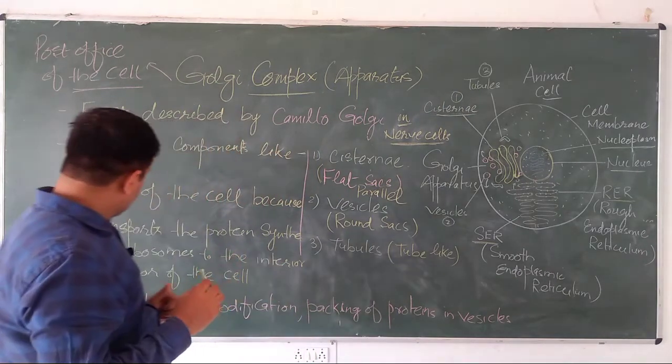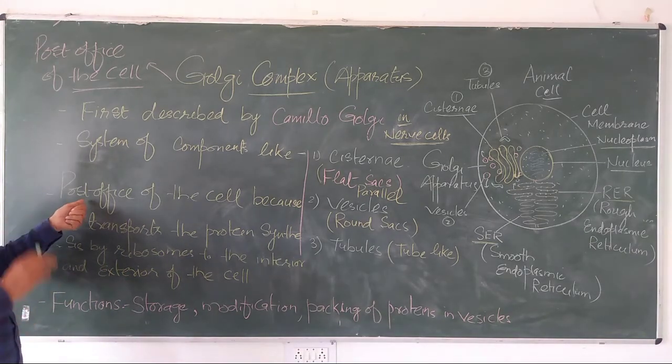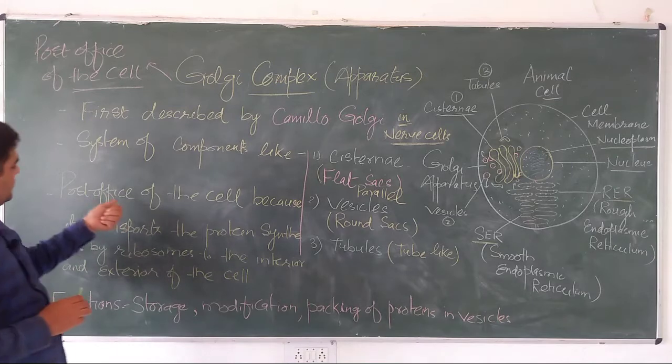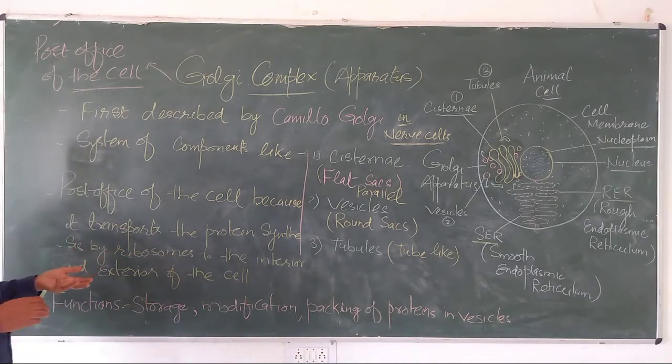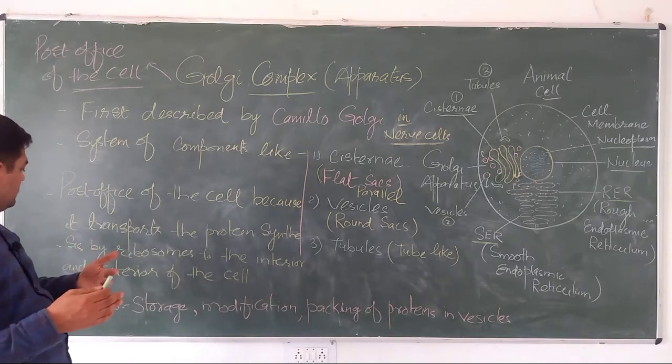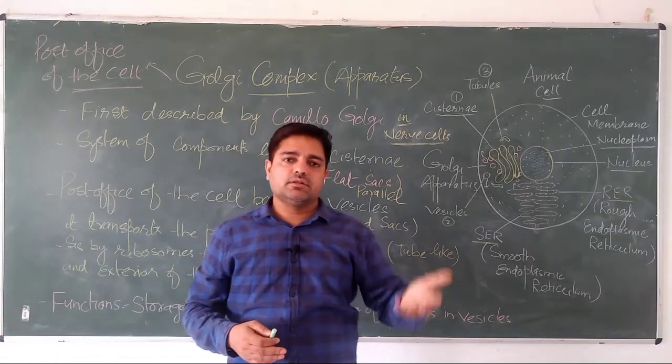So now I will explain what the function is. Actually, Golgi apparatus is regarded as the post office of the cell because it transports the protein synthesized by the ribosomes to the interior and exterior of the cell.